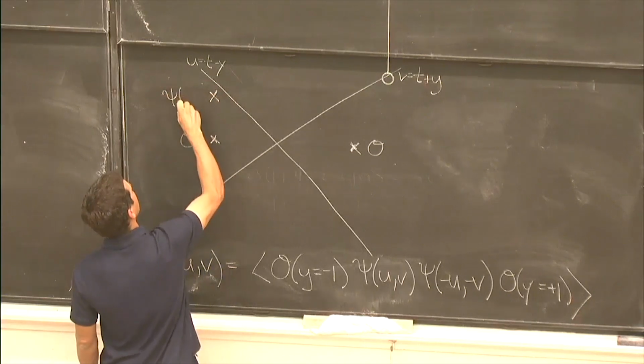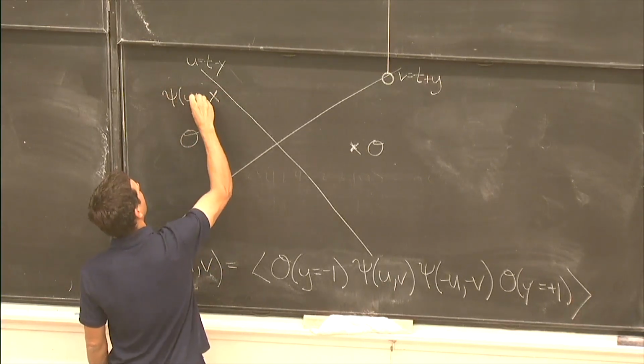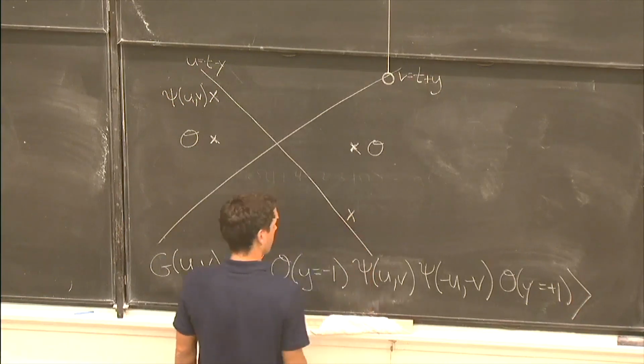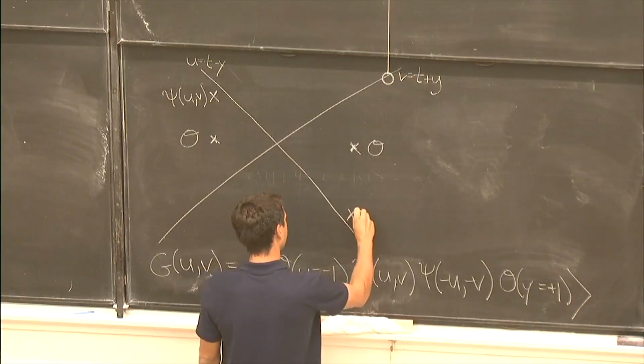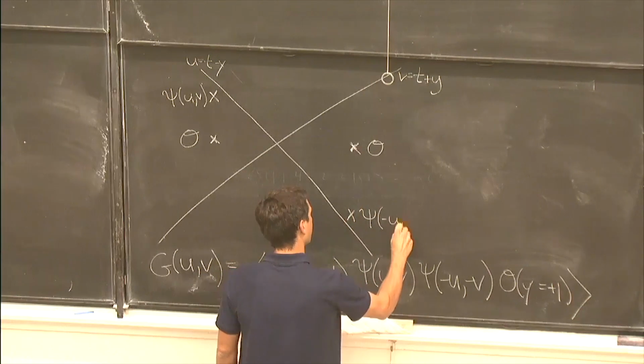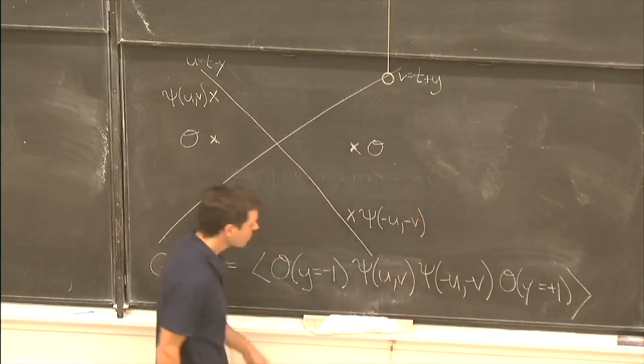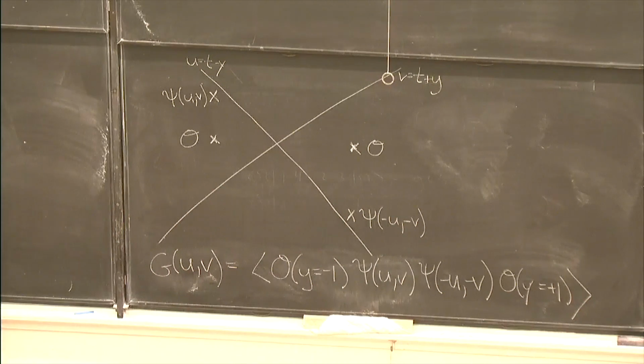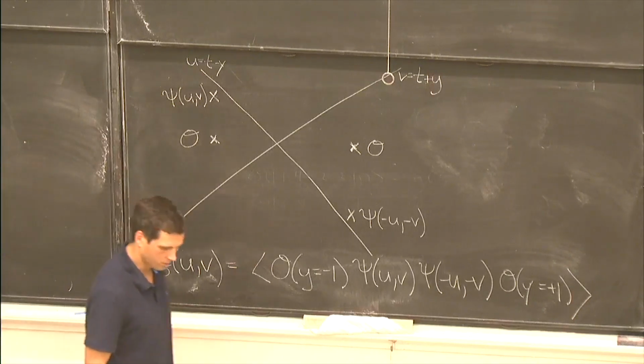So this is psi of u, v. And the other one is reflected across the Rindler horizon, psi of minus u, minus v. O here does not need to be a primary operator. It can be anything. At some point I'll set it to be a scalar operator, but mostly it can just be anything.